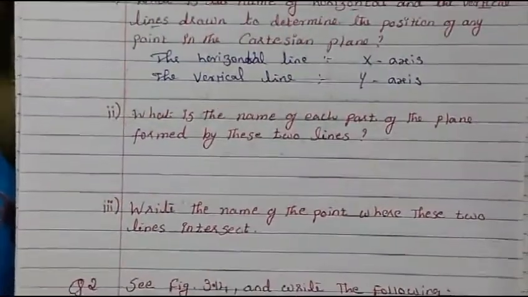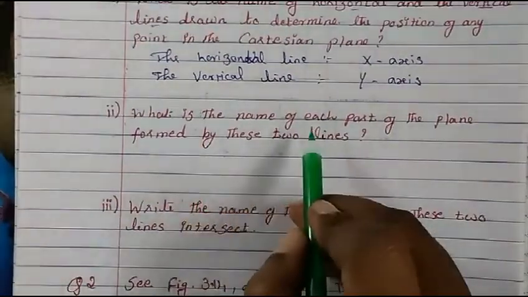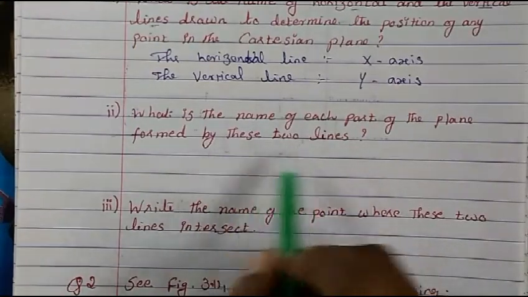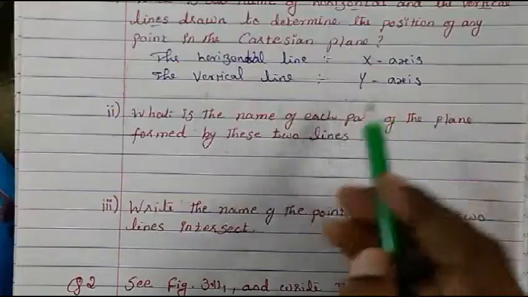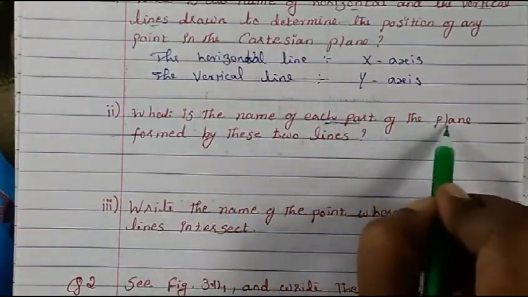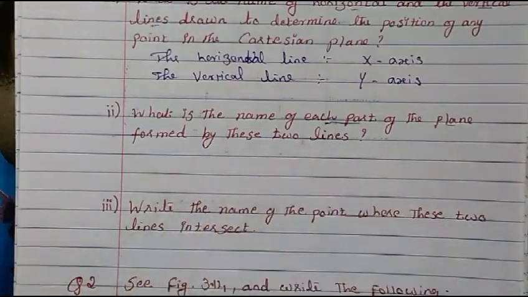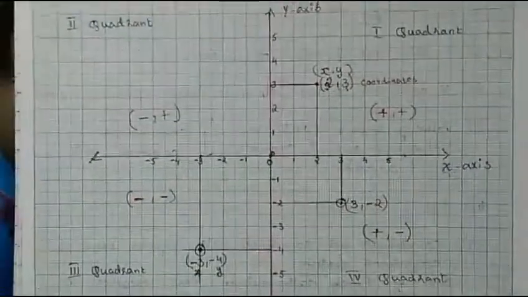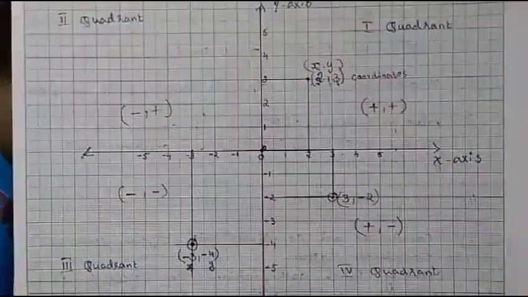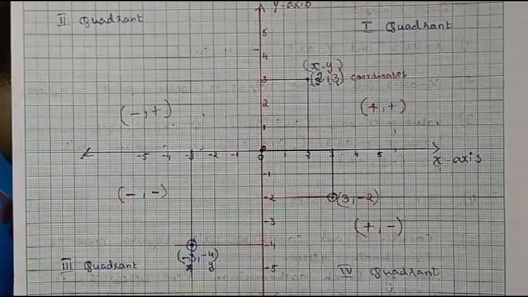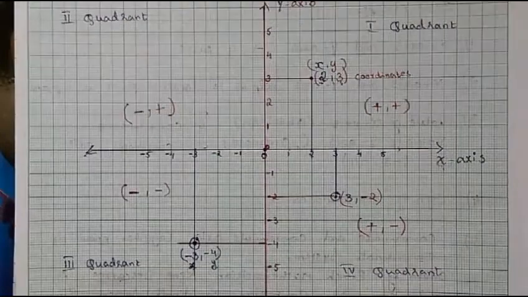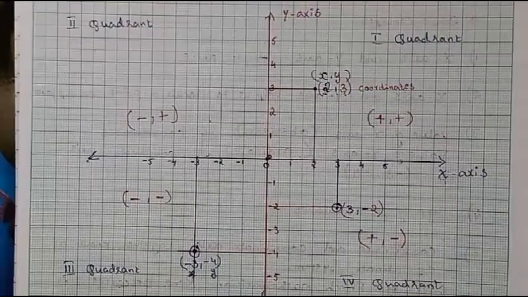Now the second part. What is the name of each part of the plane formed by these two lines? What are the two lines? X-axis and y-axis. So already I told you, when we draw x-axis and y-axis, it divides the plane into four parts. Those parts we call quadrants. And how many parts?